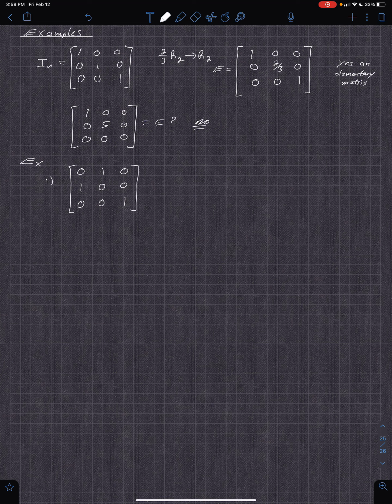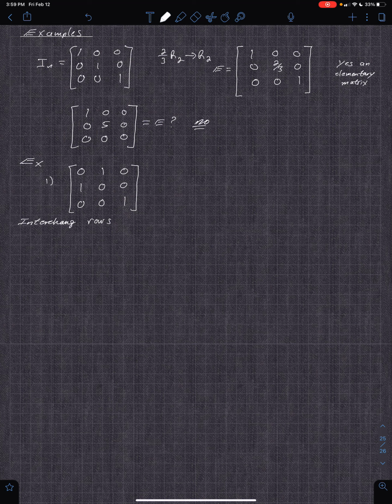I interchanged row 1 and row 2 in the identity matrix. And let's see what it does to our matrix in question.